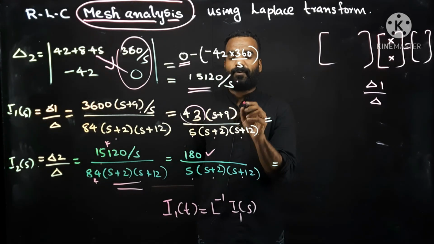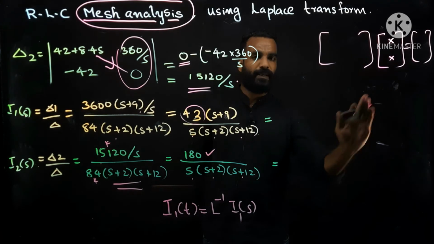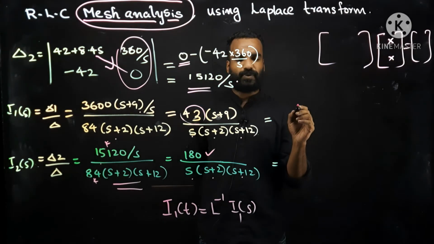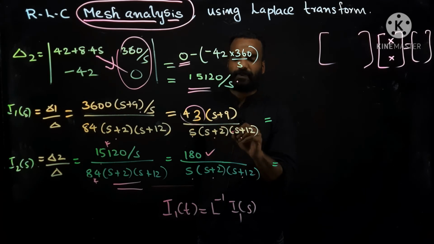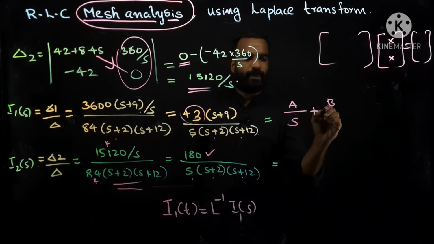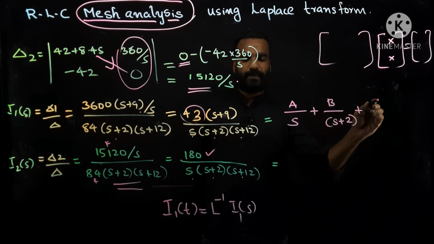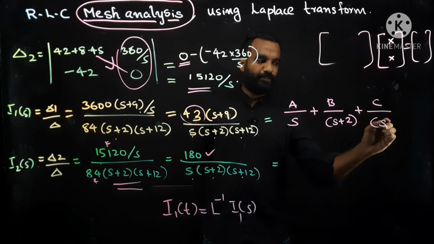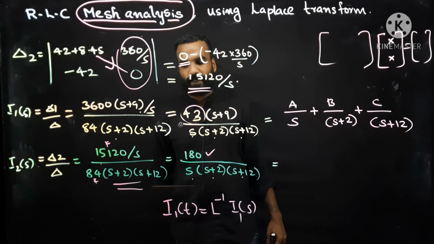For this complicated expression, to find the Laplace inverse, we have to apply partial fractions. So 43 into s plus 9 by s into s plus 2 into s plus 12 can be rewritten as a by s plus b by s plus 2 plus c by s plus 12.